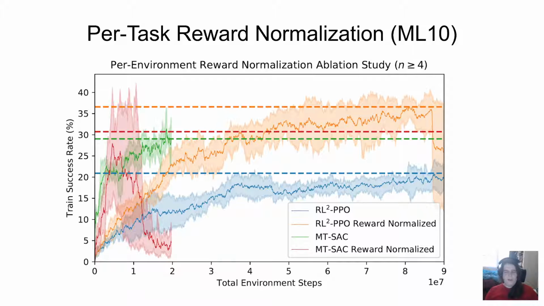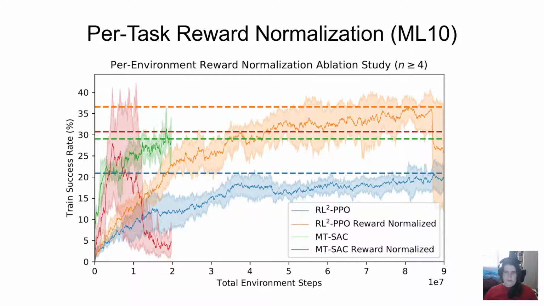There are two slightly different ways you can apply this in multitask and meta-RL. One is you can compute those statistics about the reward signal, the variance and the mean, per task, divide them out to get a unit variance reward signal for each task, and then shuffle those data points together. Or you can first shuffle the data points together and then compute the variance, divide it out, and get unit variance across all tasks. It turns out that the first of those is much, much more effective than the latter for at least all the on-policy methods we tried.